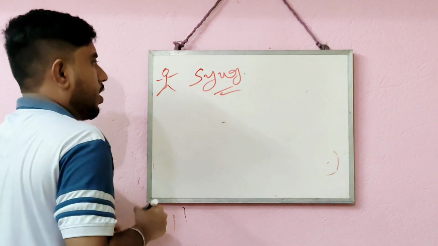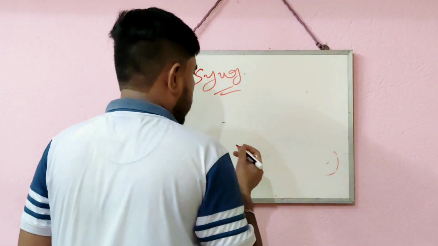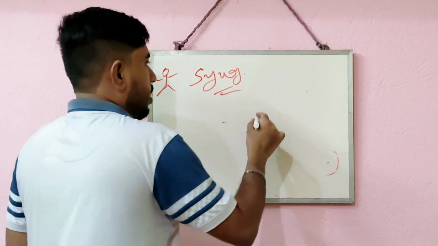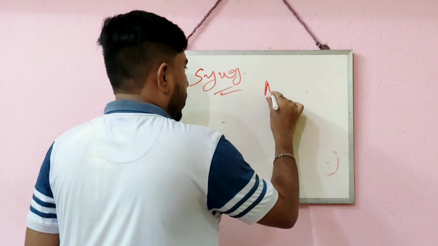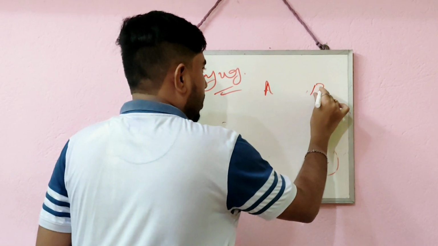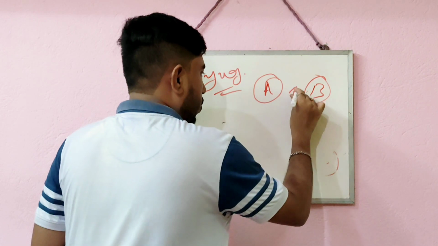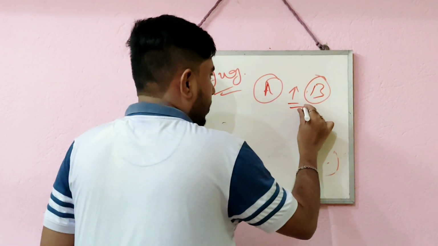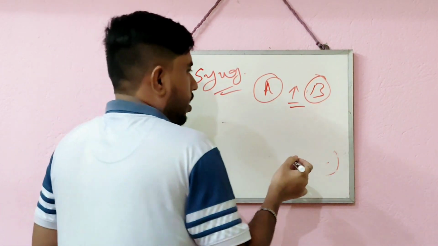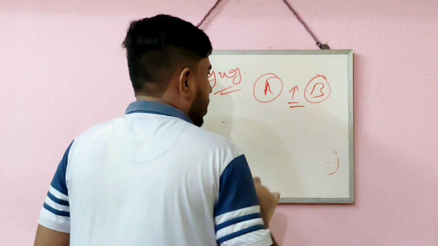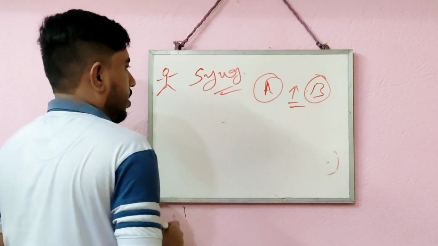By the name you can understand, as I told you in the last topic, synergism is when drug A helps another drug, B. That means drug A increases or induces the activity of drug B. So that is synergism.